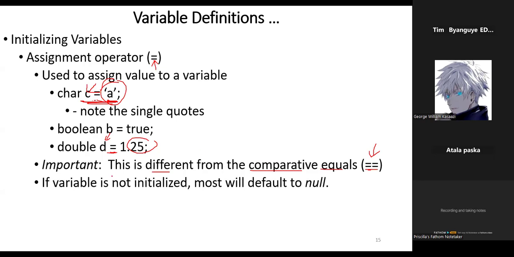All right. We're seeing here that if a variable is not initialized, most will default to null. Meaning, when you create a variable that is a character C and you terminate like this, if you do not assign it an initial value at the point of creation in memory, the compiler will store a default value, null.